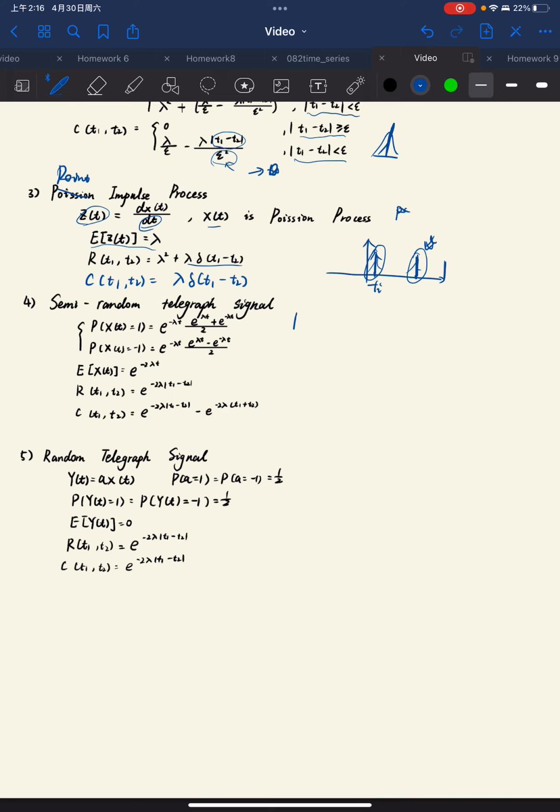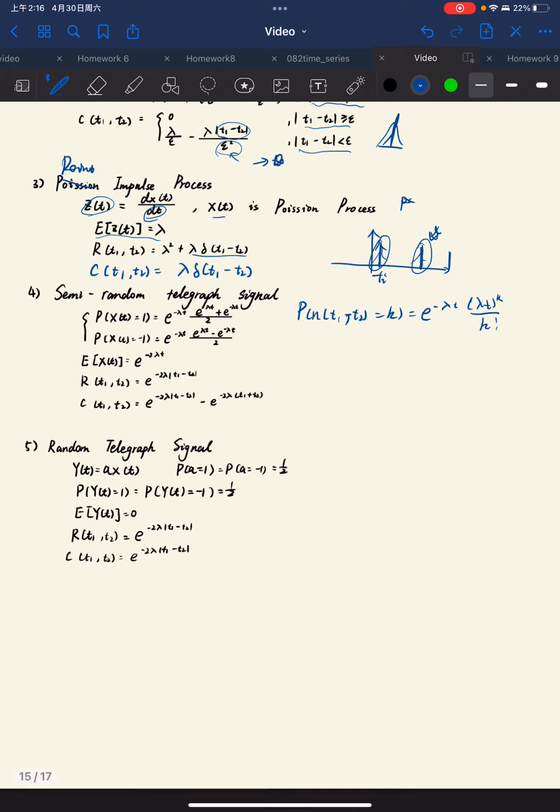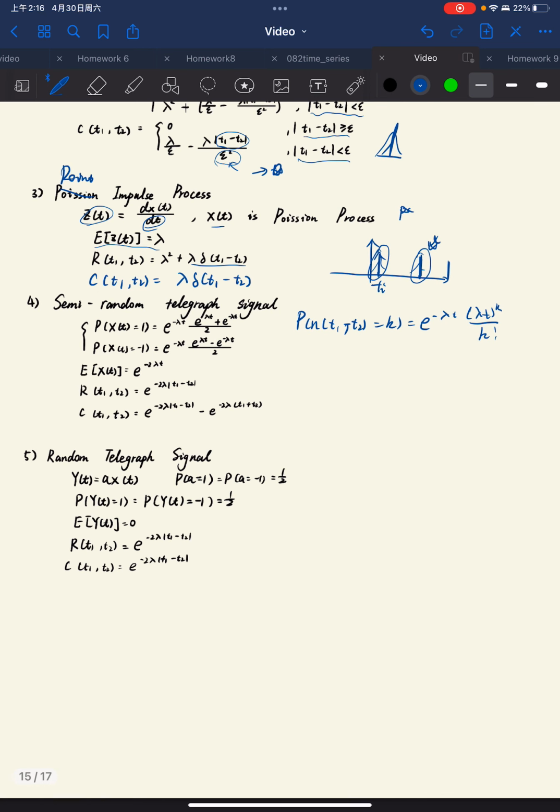It comes from the Poisson process, where the number of points from T1 to T2 equals k with probability e to the power of minus lambda T times (lambda T) to the power of k divided by k factorial. And X(t) takes two different values: 1 when k is even, and negative 1 when k is odd.